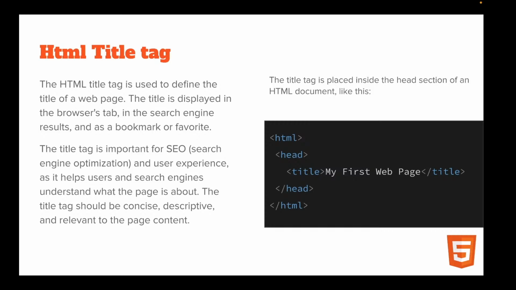If you go to Google, for example, and you search for something, you are actually searching through the titles of all the websites created. So if you launched your website and you call it my first web page, and someone searches for my first web page, your site is going to come up. In essence, this title tag helps search engines bring out your site when people search for them. That is one of the very first important uses of the title tag.